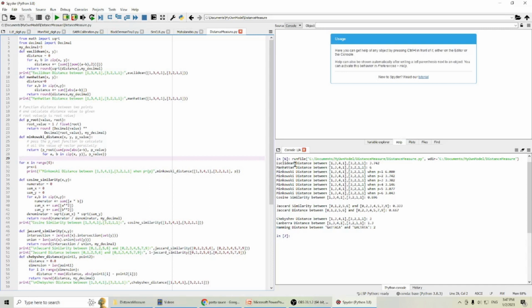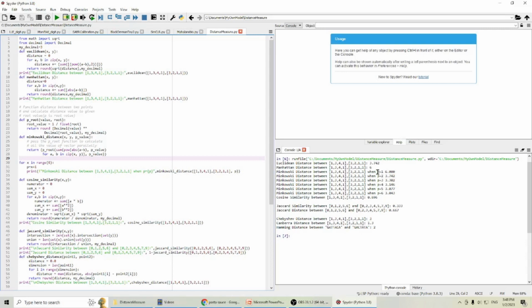For Euclidean distance between those 2 points, these are 4-dimension data points, it's 3.742. And for the Manhattan distance, you can imagine it will be larger. It is 6. And then I calculate the Minkowski distance with different parameter p.